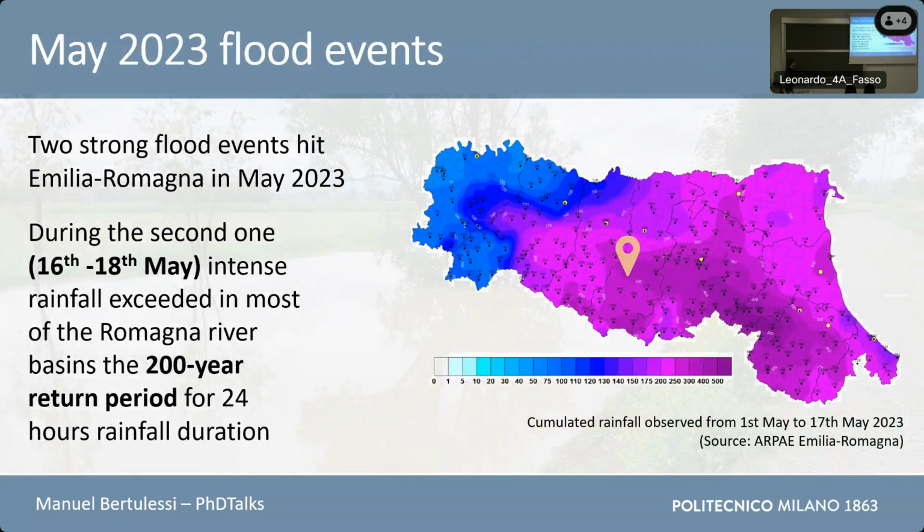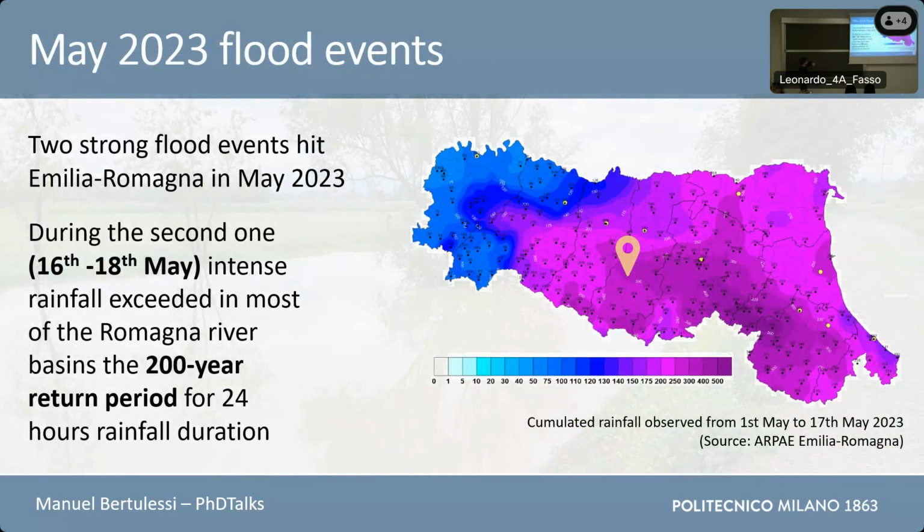What next? What happened? After 3 weeks from the completion of the works, the Emilia-Romagna region was hit by these 2 strong flood events, which hit in particular the Romagna part of the region.